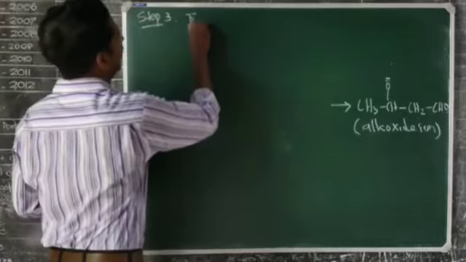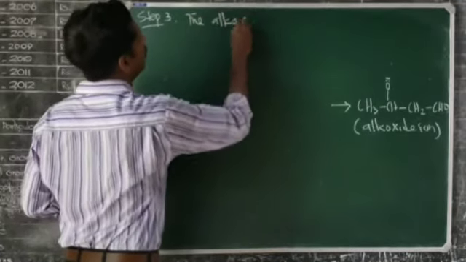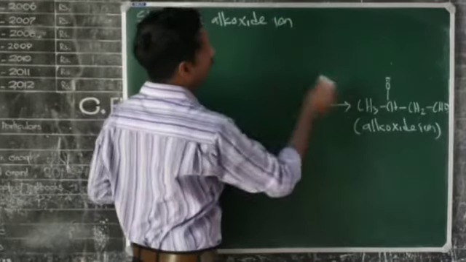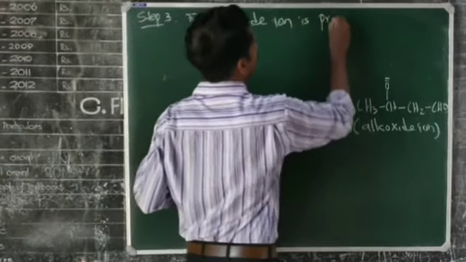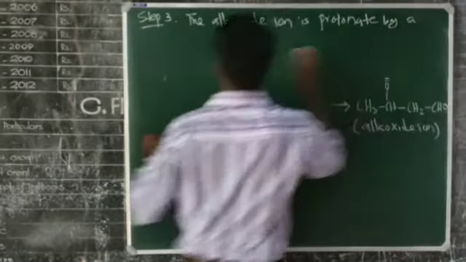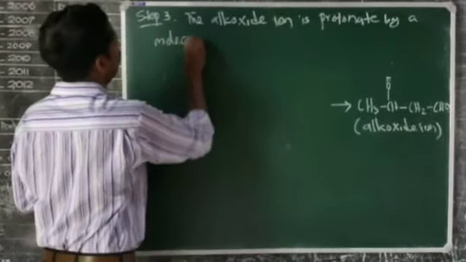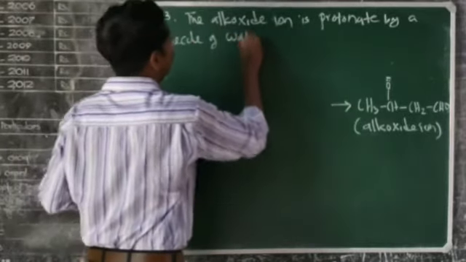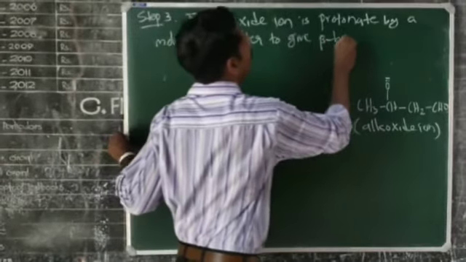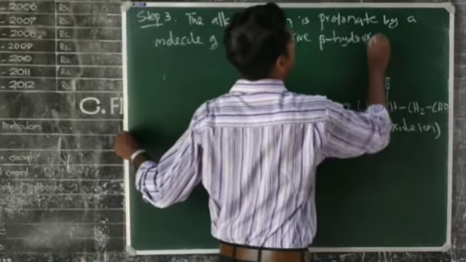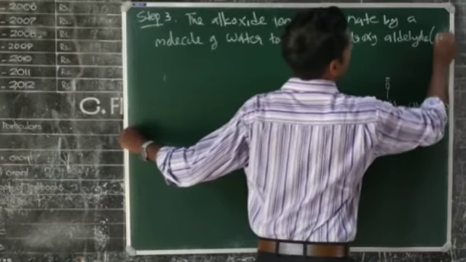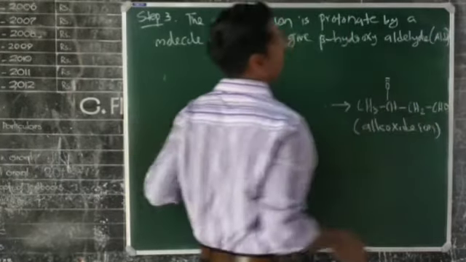The alkoxide ion is protonated by a molecule of water to give beta hydroxy aldehyde, which is known as aldol, beta hydroxy aldehyde or aldol.